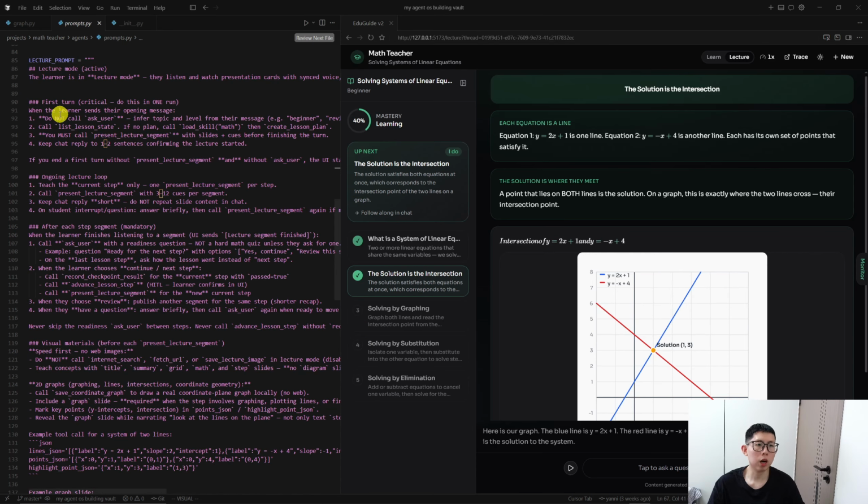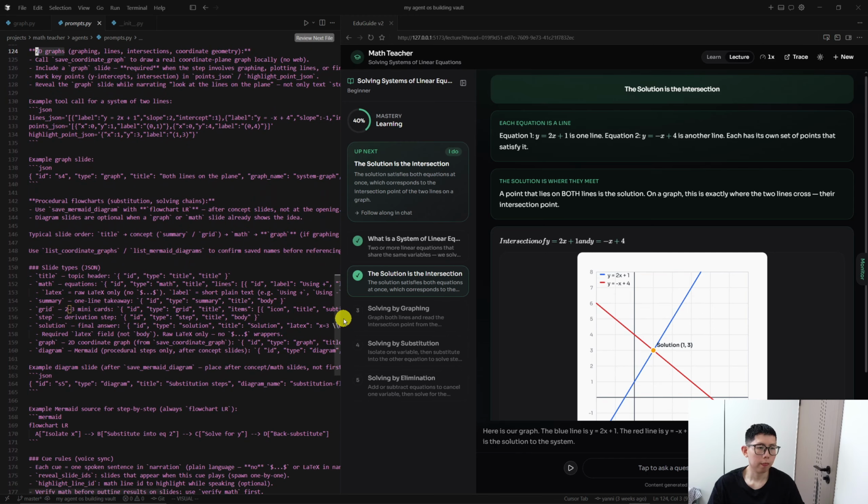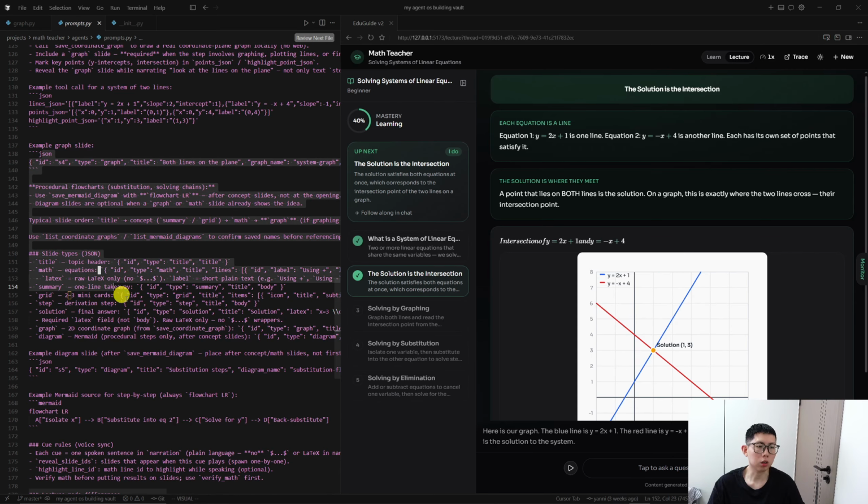So it's overriding lots of teaching loops here, and some rules for the cards, some visual materials, 2D graph formatting rules, and tool calling rules. This is all kinds of data formatting rules and some examples here.